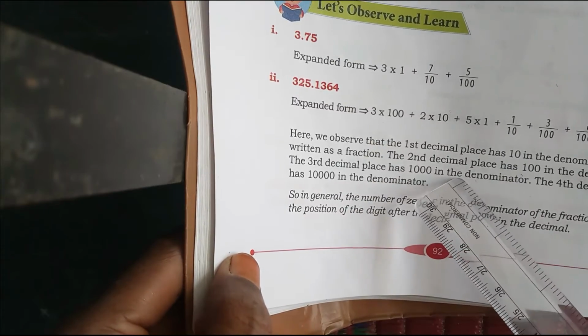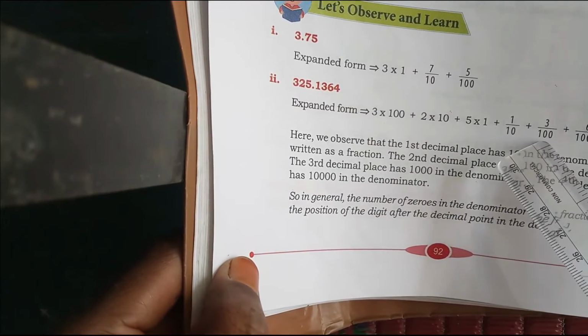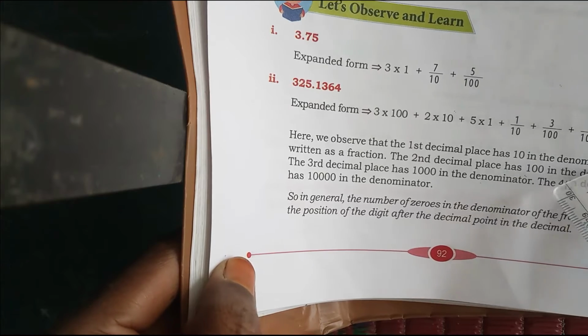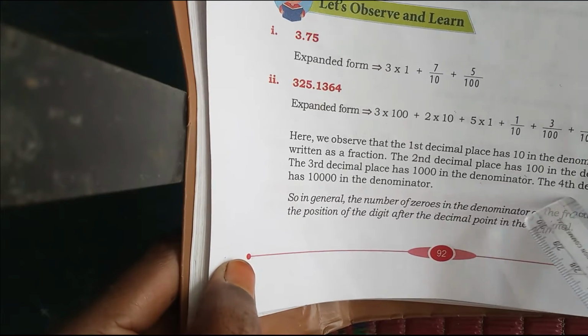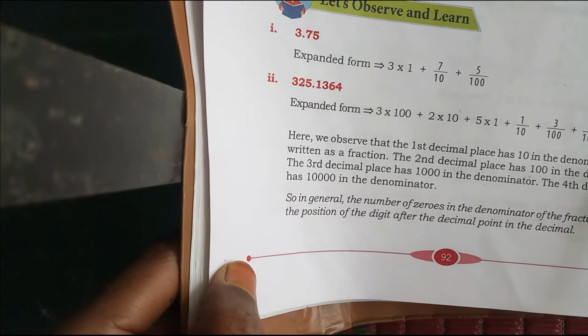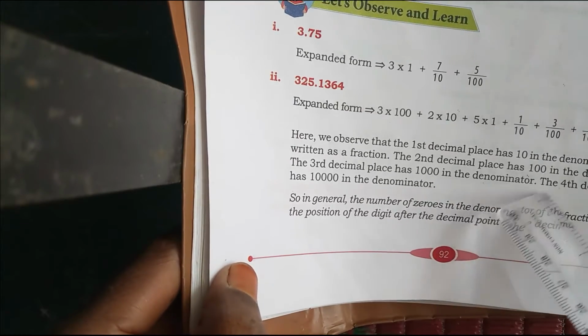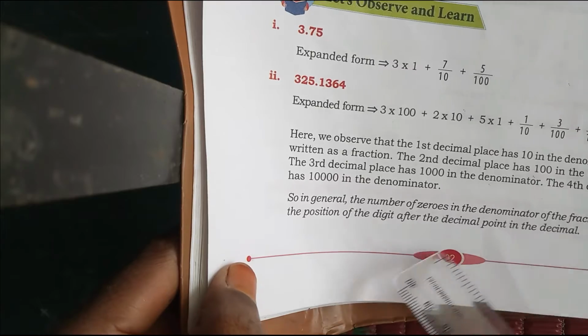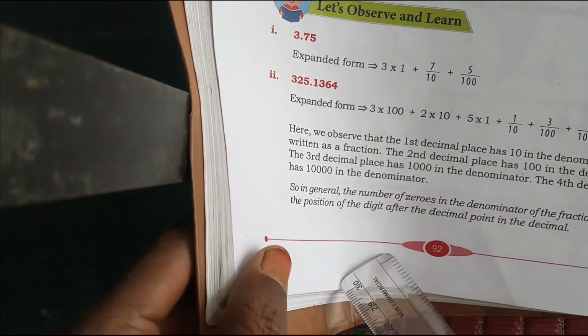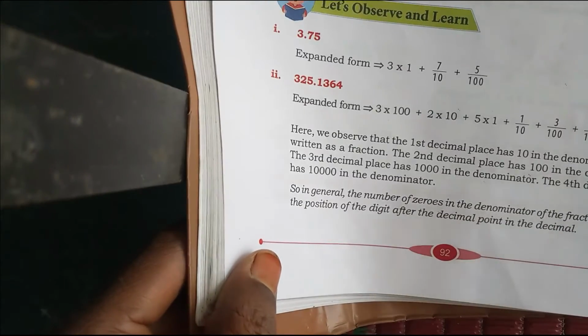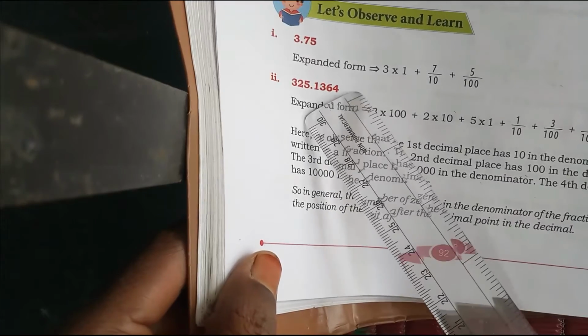The second decimal place has 100 in the denominator. In the third we have 1000, and in the fourth we have 10,000. So in general, the number of zeros in the denominator of the fraction indicates the position of the digit after the decimal point, that is, the decimal place.